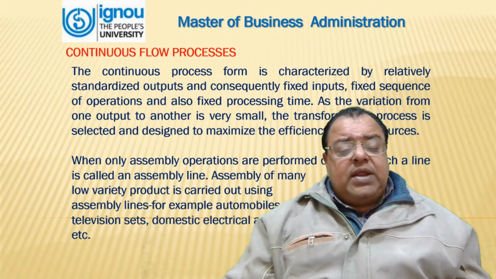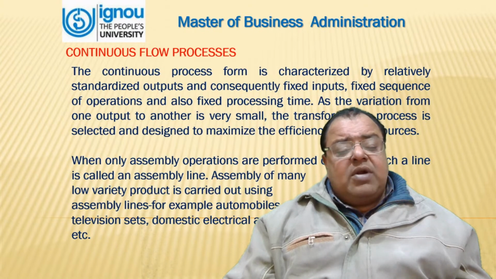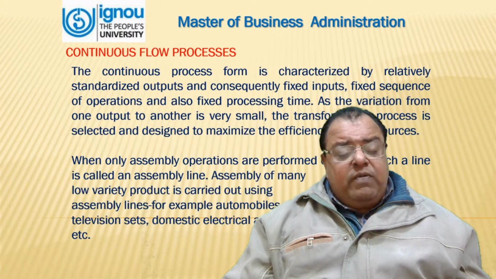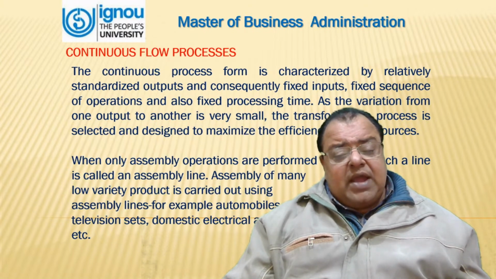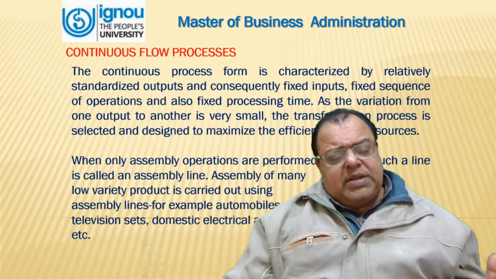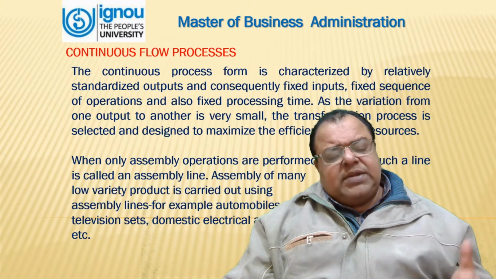When only assembly operations are performed on a line, such a line is called an assembly line. Assembly of many low variety products is carried out using assembly lines, for example, automobiles, television sets, domestic electrical appliances, etc.